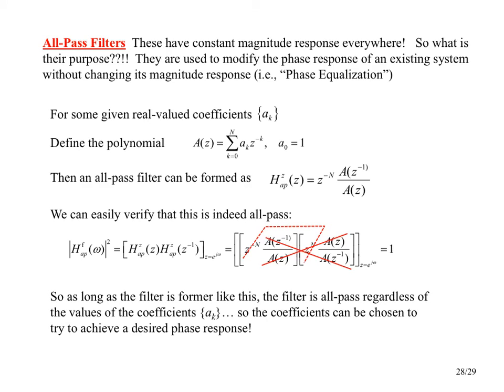And we'll close things off here with all pass filters. As I already said at the beginning of the first part of this video, 12A, why would we want an all pass filter? Well, one reason is to accomplish some sort of phase equalization.